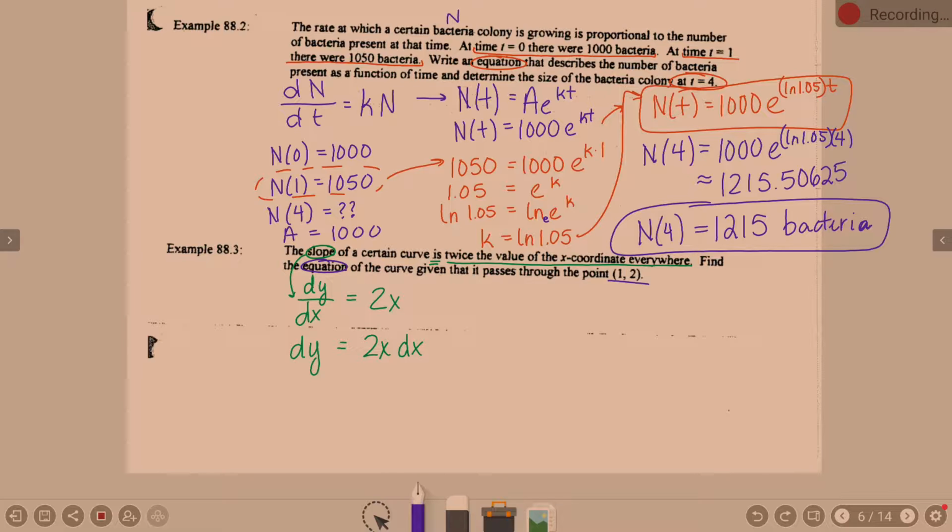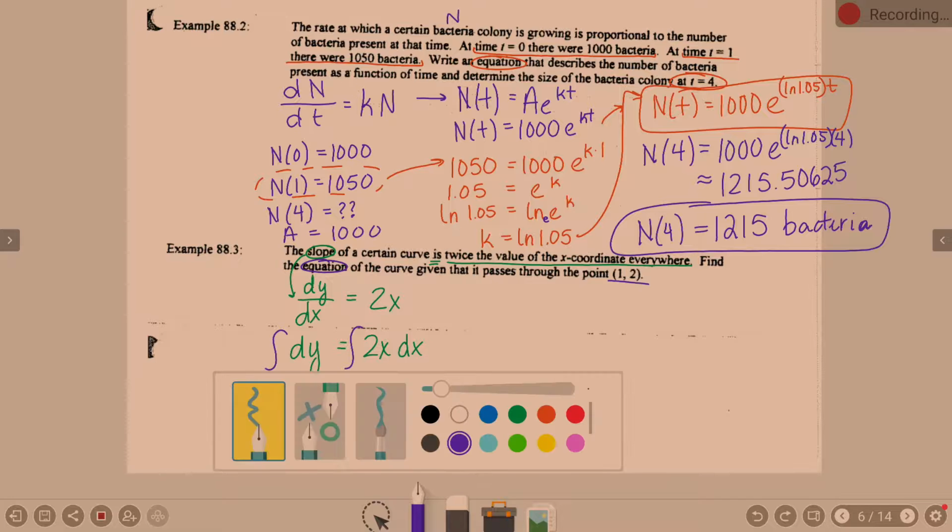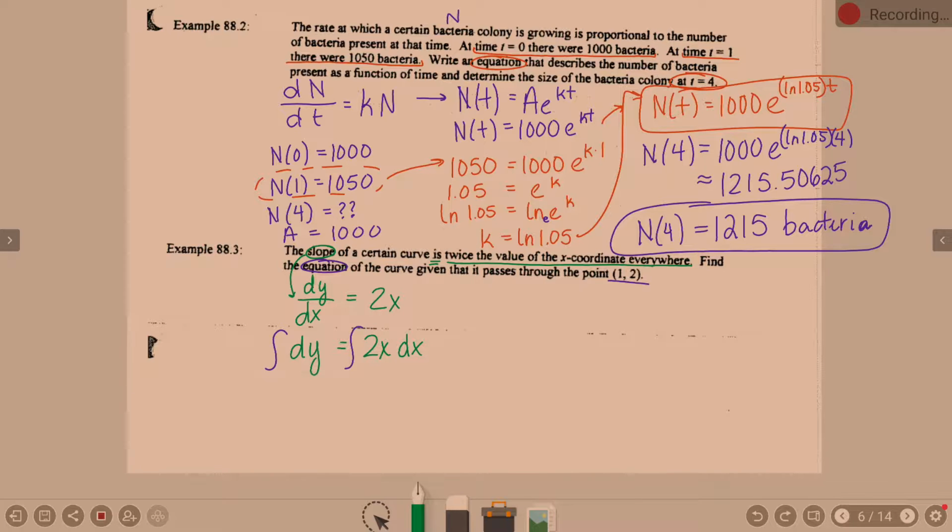Now that my y's and x's are separated, we're going to integrate. The integral of dy is y. The integral of 2x: how about we just add 1 to the power?